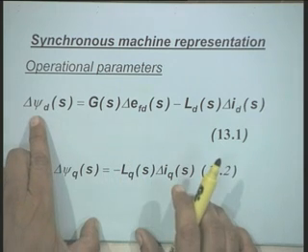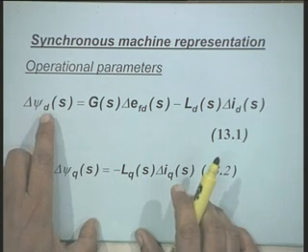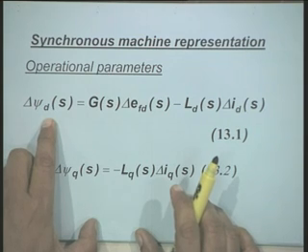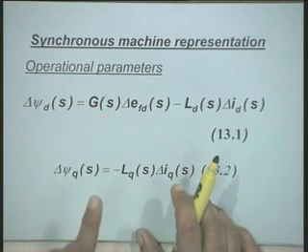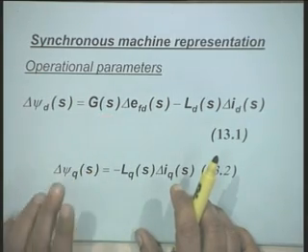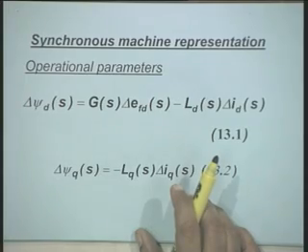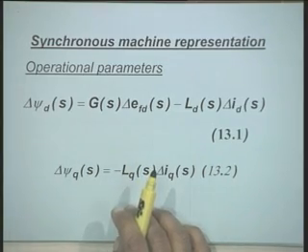Under this case we have a relation between the direct axis flux linkages with respect to delta EFD. Therefore, this transfer function G(s) relates the change in d axis flux linkages to the change in the applied voltage in the field circuit. And this change is determined by two time constants. One time constant is TDO prime, another is TDO double prime.